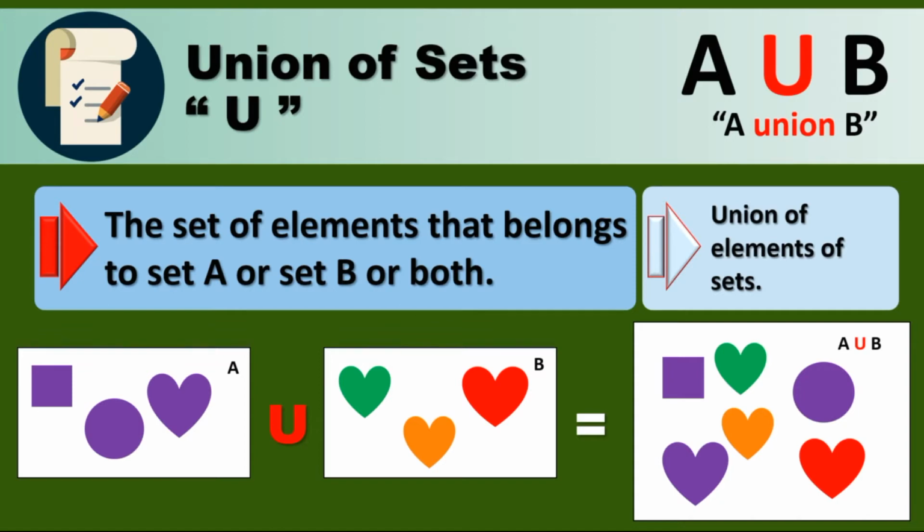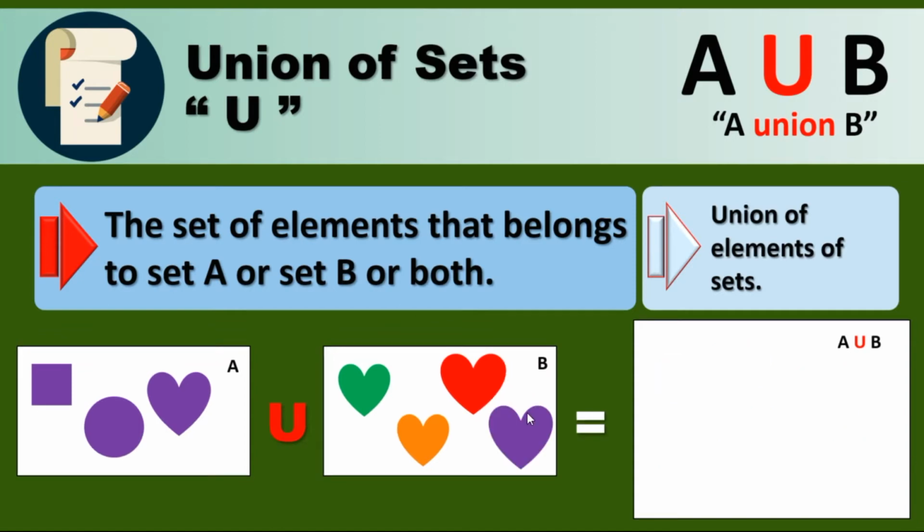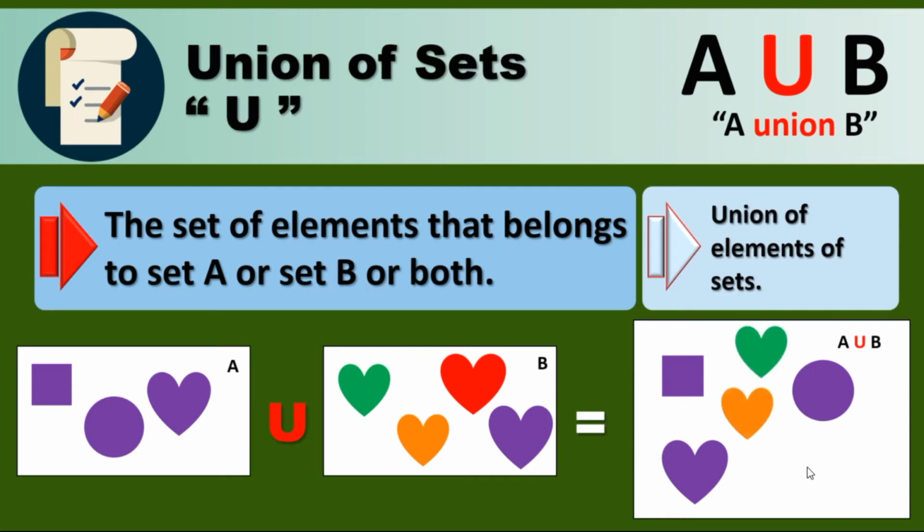Let's have another example. Same set A, but in set B, we added the violet heart. So now, same procedure, union of elements of set. The square, the circle, heart, and the green heart, the orange heart, the red heart, and also the violet heart.